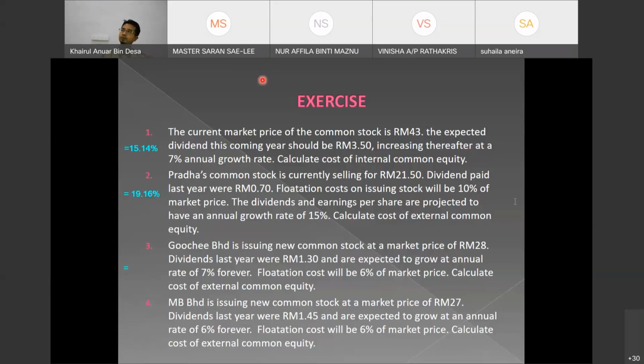So we have to take the dividend growth into account. Last year dividend means D0, so you have to modify the formula a bit.